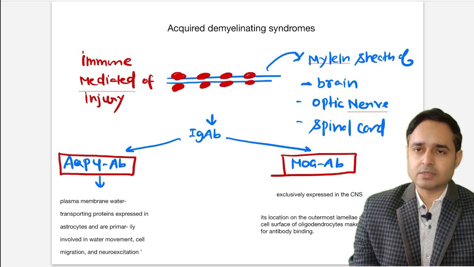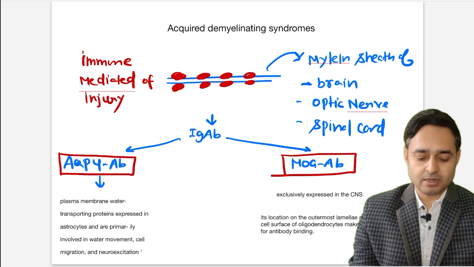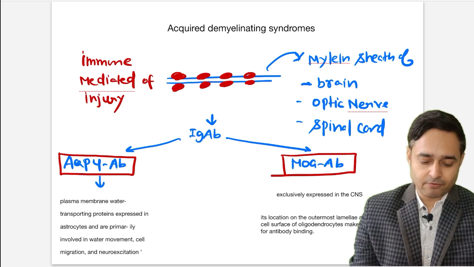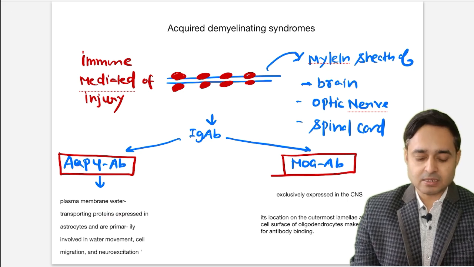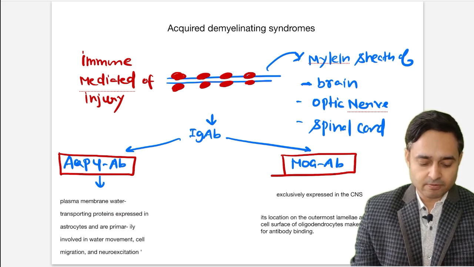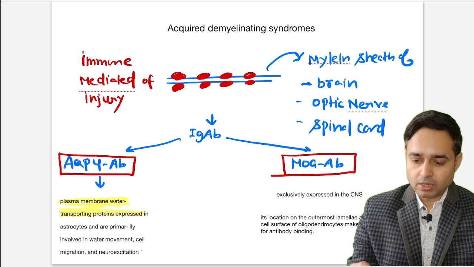Mostly these antibodies are IgG type, and two antibodies are very important, aquaporin 4 antibody and MOG antibody. What is aquaporin 4? This is a plasma membrane water transporting protein expressed in astrocytes and primarily involved in water movement, cell migration, and neuroexcitation.